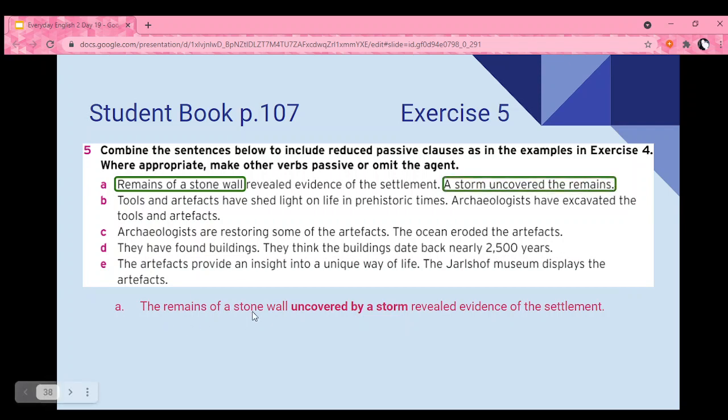If you wrote of a stone wall which were uncovered, remember that you need to reduce the clause, right? So just eliminate the pronoun and eliminate verb to be. Pause the video while you work on the other sentences. Okay, we're going to check them during our class.